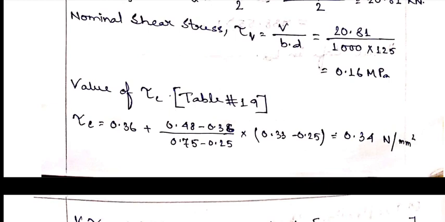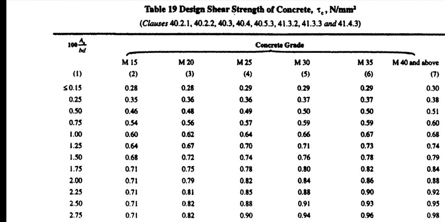After that we will get back here. So we know a percentage of steel is 0.33. So let's go to the code. Now this is table number 19 of IS 456/2000, design shear strength of concrete tau C in Newton per millimeter square. So first column is 100 AST by BD, that means percentage of steel, which is 0.33 in our case.